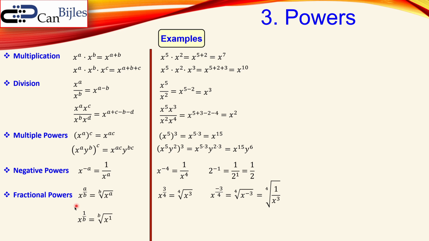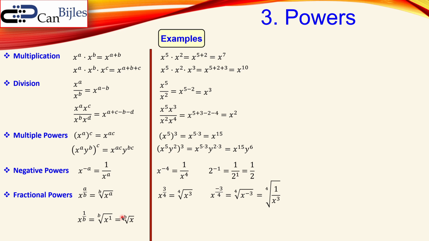Now this is a format we see most often in calculation, so x to the power 1 over some number, which is automatically a root with this power, which is here b. So if this b is, let's say, 5, we put 5 here, and it will be just x to the power 1, but x to the power 1 is always x.